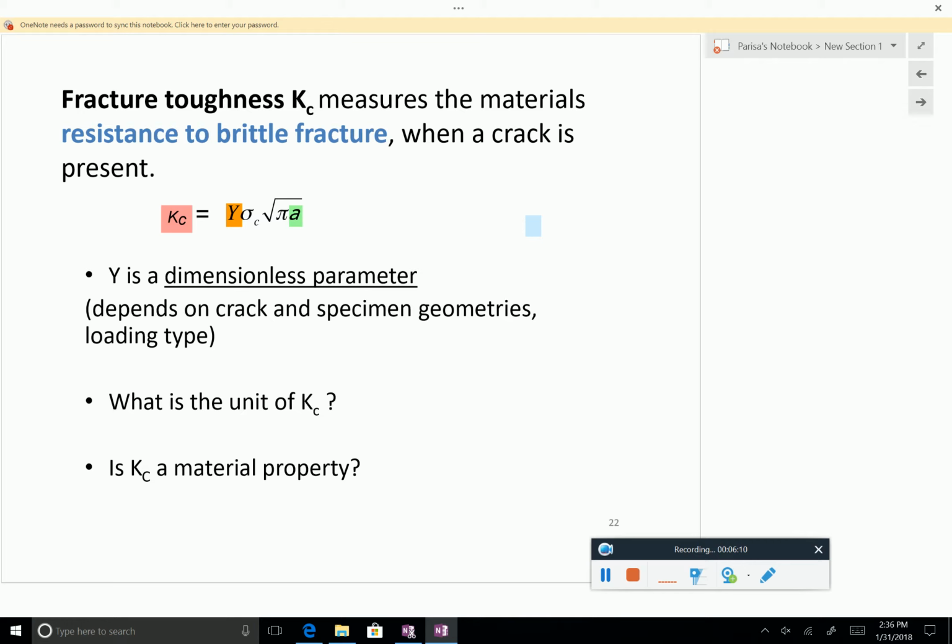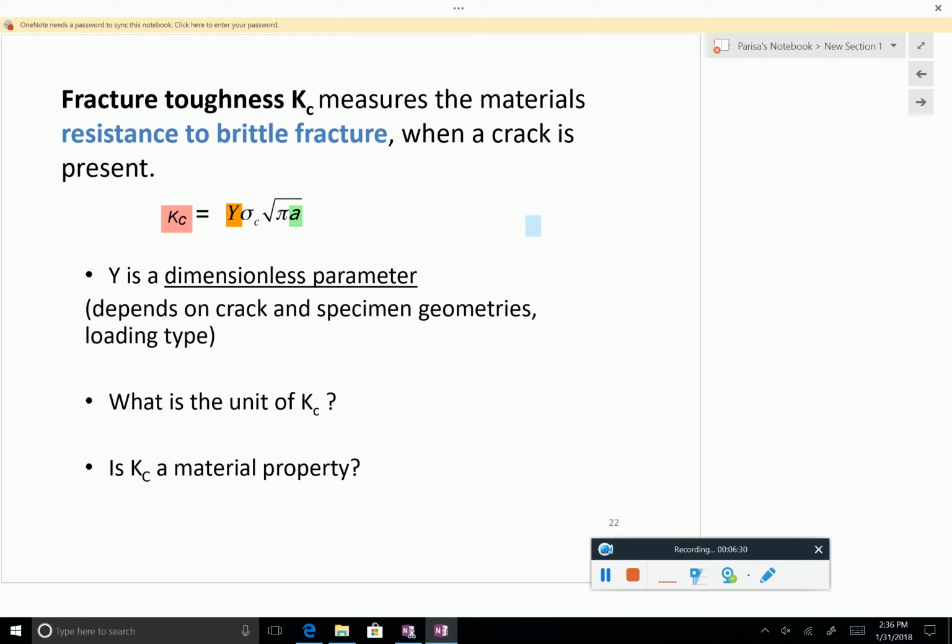It's a strange unit, but that's the unit. I'm telling you that Y is dimensionless, doesn't have a unit. It's just a scaling factor. It depends on the geometry.